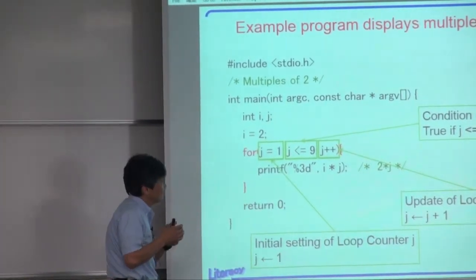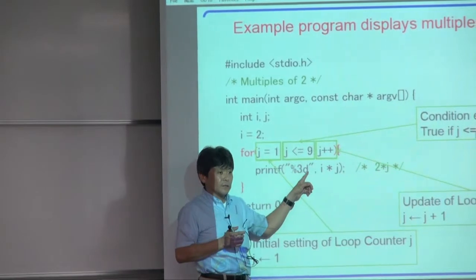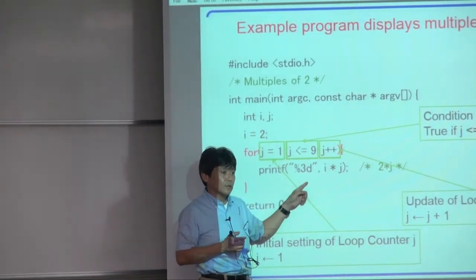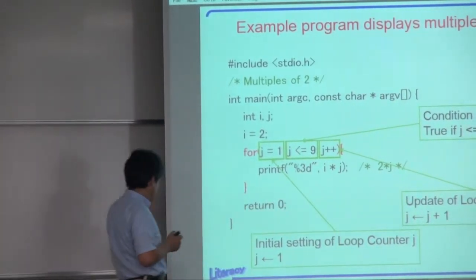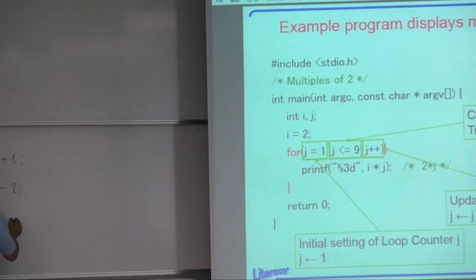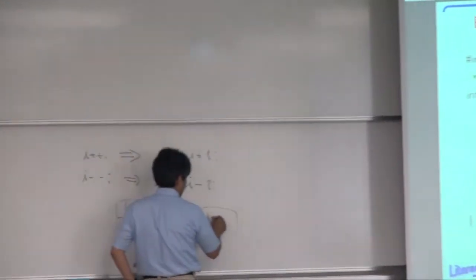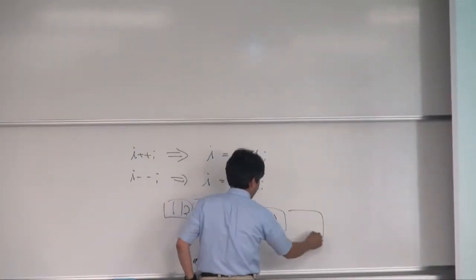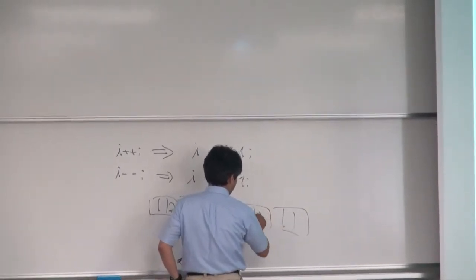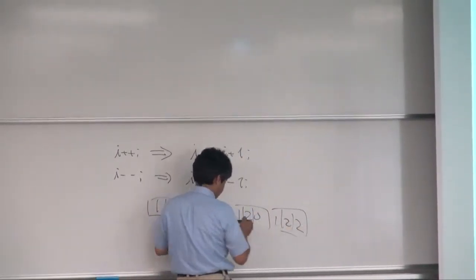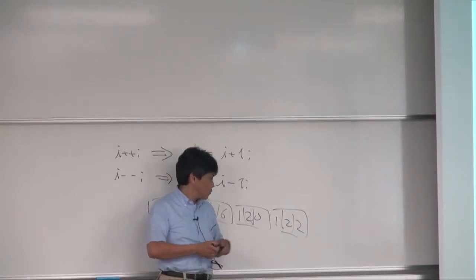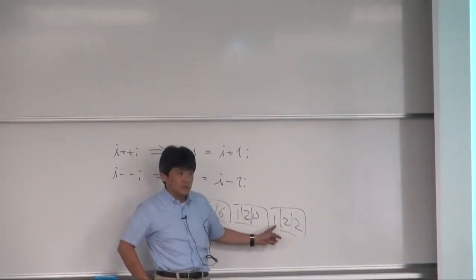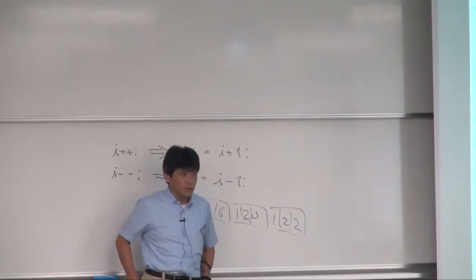In such a case, you have to put spaces. For example, 100. In this case, you cannot distinguish the numbers.